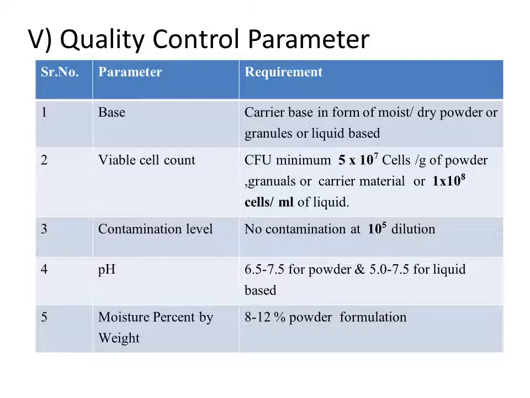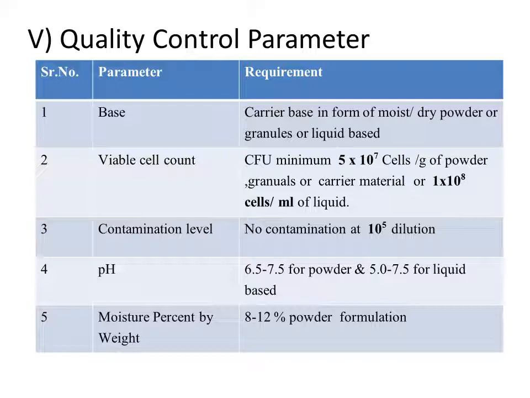rhizosphere. The quality control parameters of Pseudomonas fluorescens: the carrier may be liquid or powder. It can be formulated in granules also. Viable cell count in the powder formulation or granule should be 5 to 10 x 10^7 cells per gram of powder. Even in a liquid carrier, it should be 1 x 10^8.